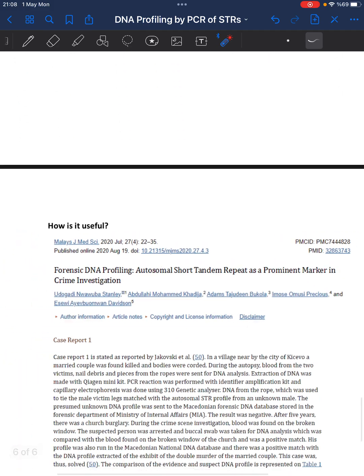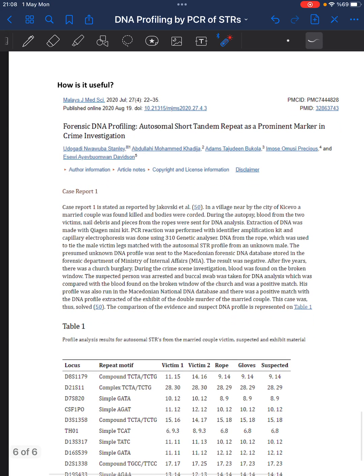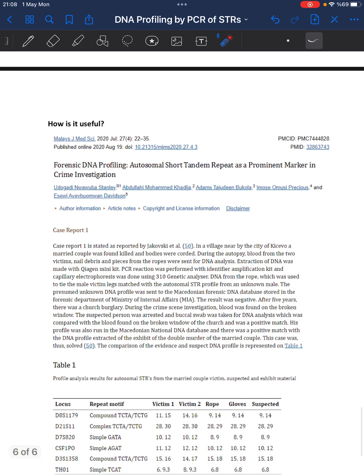And from an article written by Stanley and Associates, there's a case report known as Case Report 1. This is from Kichevo. I guess it was a city in Macedonia, right? Yes. A couple was found killed, and the murderer roped their bodies, like the bodies were tied.